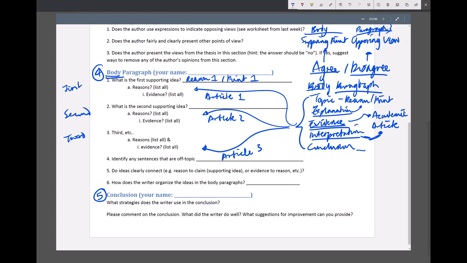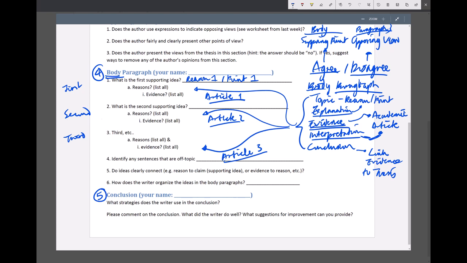And then you'd link the evidence to the thesis statement, and you do that 3 times. 3 articles as evidence, 3 points that support your thesis, and that's your body paragraph.